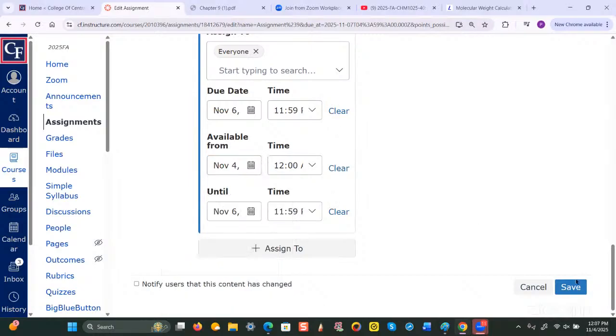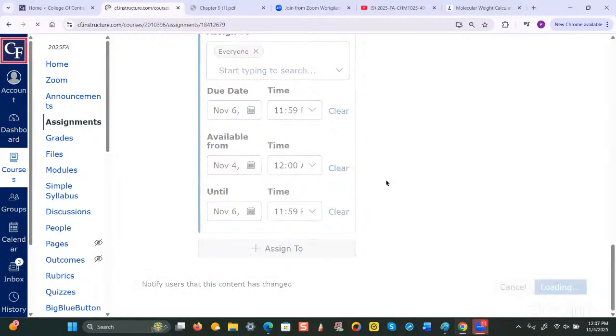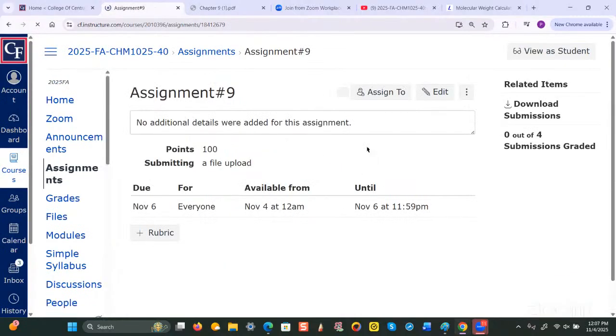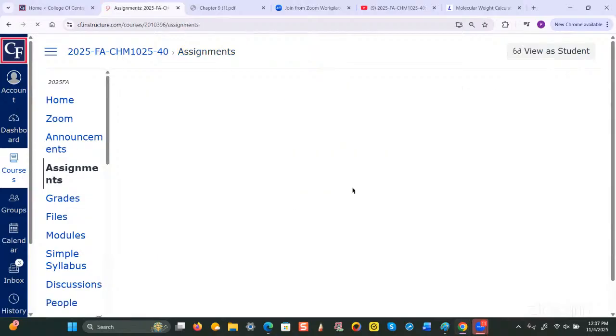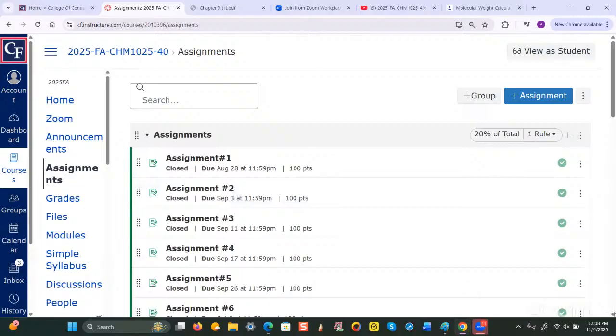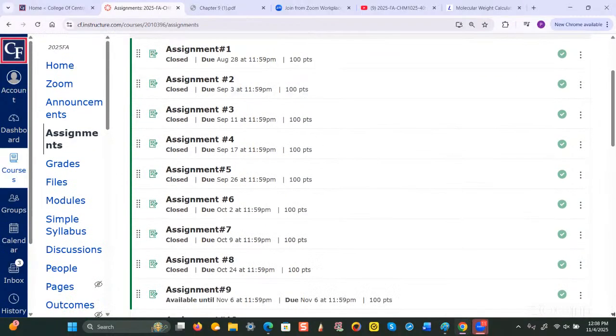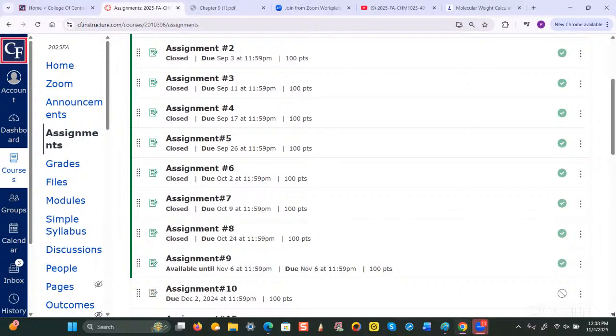So yeah, the 6th. All right, so let me save it now just to make sure. And okay, so it's published. We'll just do one quick check here. Okay, so it's set up now, so you should be able to upload your assignment into that particular Dropbox.